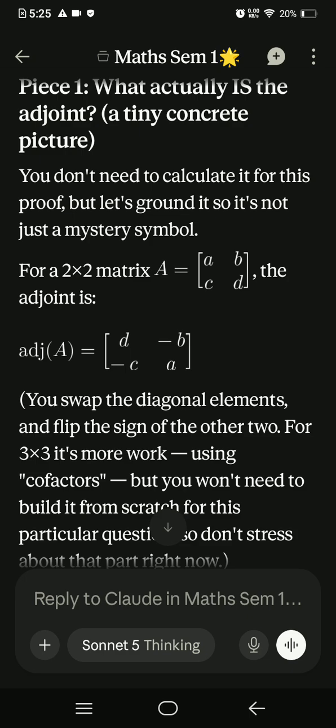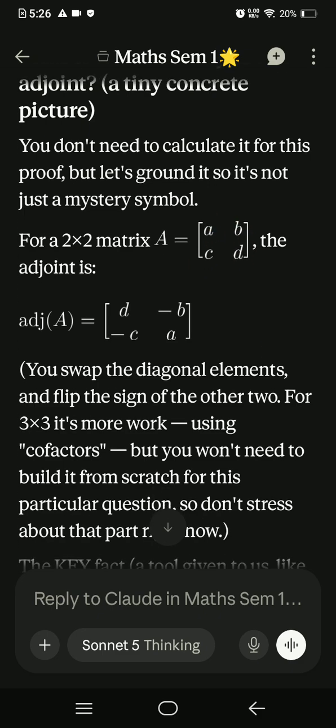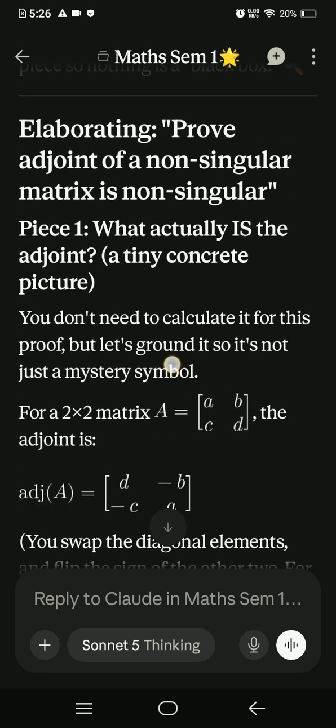So for a 2 by 2 matrix, the adjoint is basically this: D, minus B, minus C, A. So basically what they did is they flipped A to D and D to A. They flipped crosswise and put a minus sign on the other diagonal.